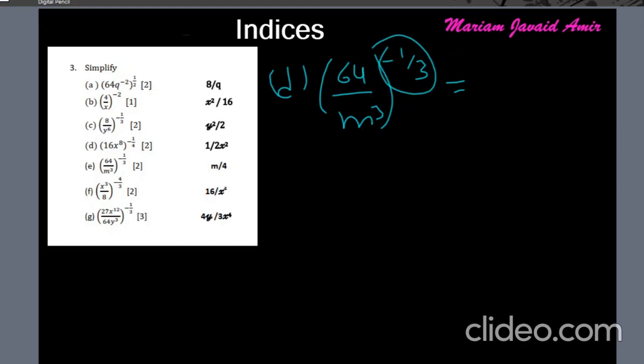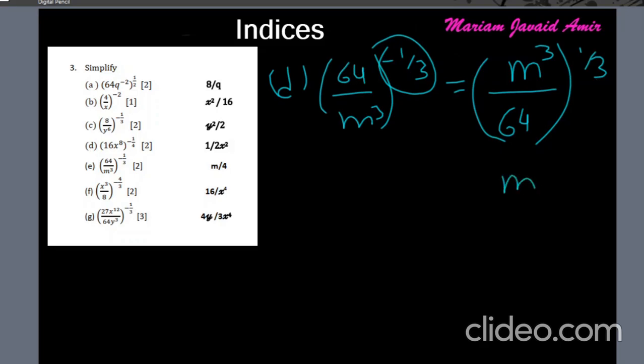So if I take the reciprocal of the base and take m cube to the numerator and 64 to the denominator, now the powers will become positive. So you could do that as well: take the reciprocal of the base and change the sign of the power. Now m cube times 1 over 3 becomes m power 1, and cube root of 64 becomes 4. So this is the answer for part D.